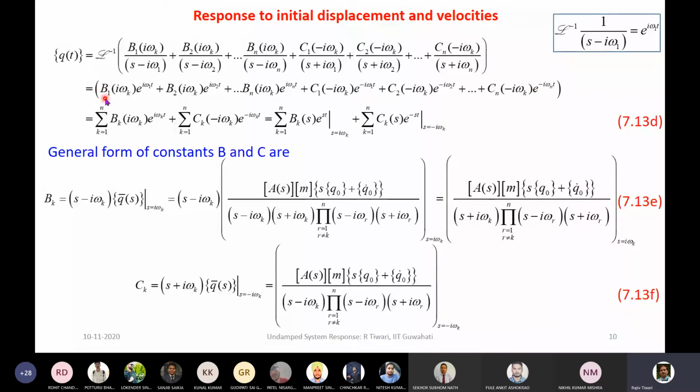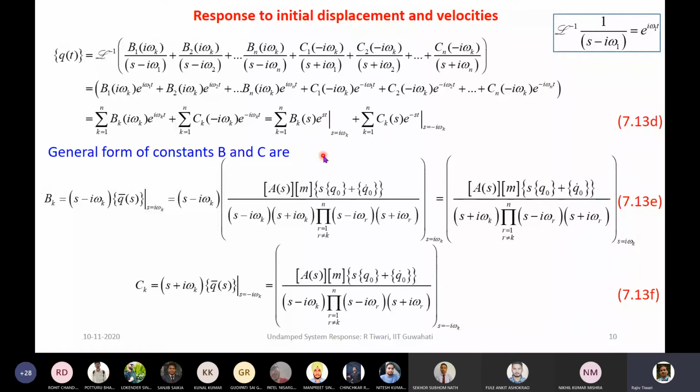Now they can be summed up, because these are n terms. So the first n terms have been summed up corresponding to e raised to positive i omega k t, and this is corresponding to the other C terms. And if we want to again take s as i omega, the same thing is written, that s is equal to some variable; if we substitute that, we will get the same expression.